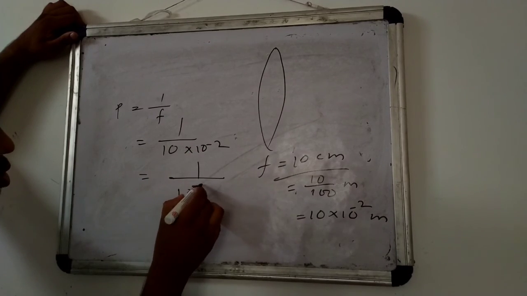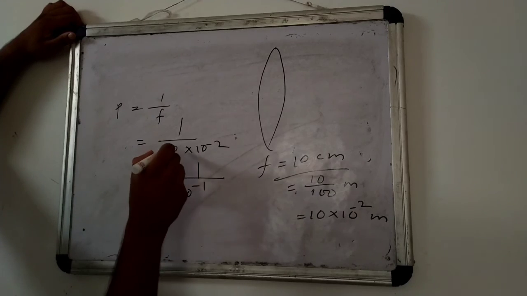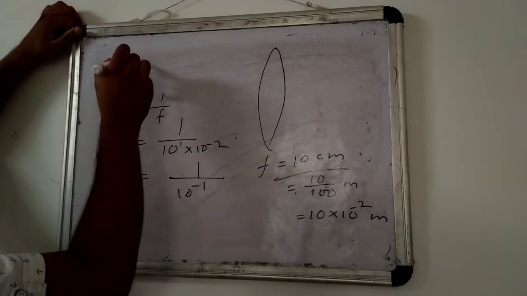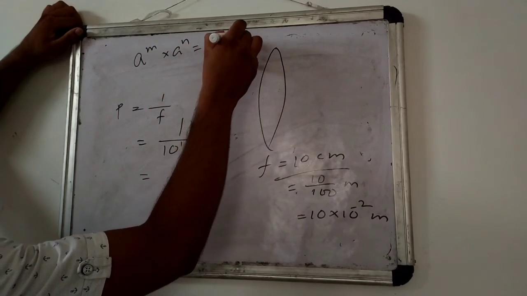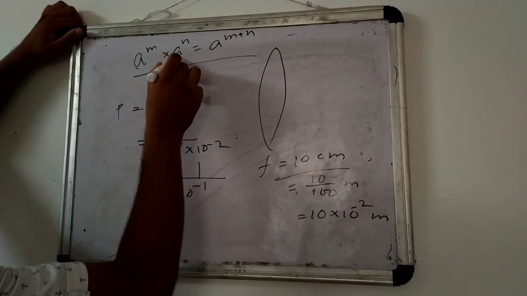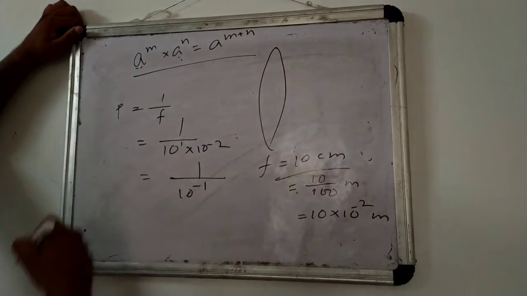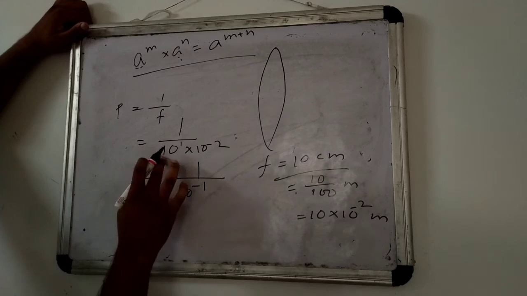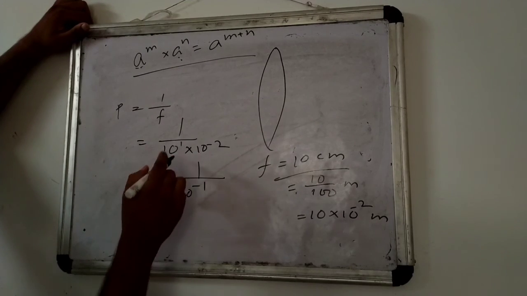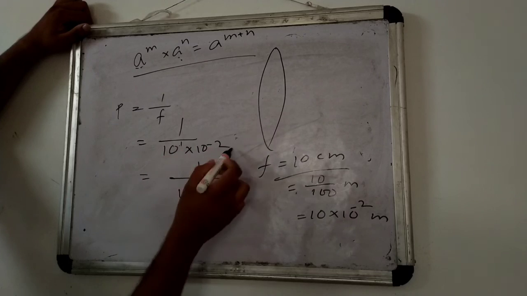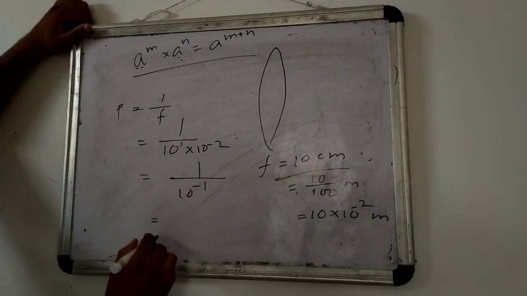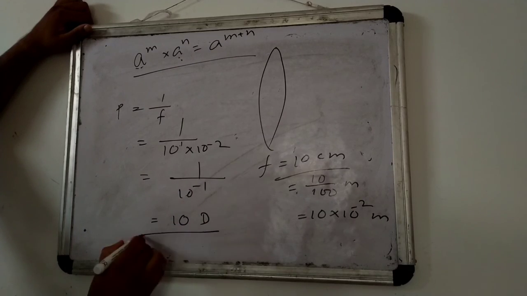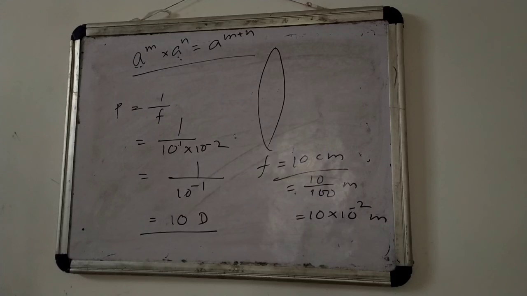Because this 10 has a power of 1, we apply the formula: the base is the same, so after multiplication the powers get added. 1 plus minus 2 means minus 1. If we take it to the numerator, then it will be 10 diopter. So 10 diopter will be the power of the lens.